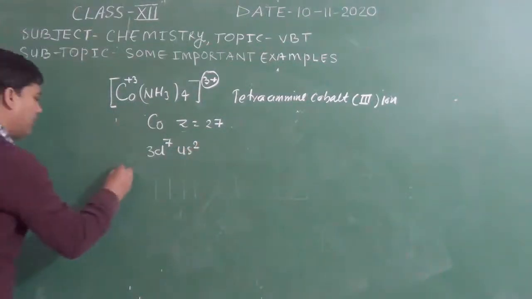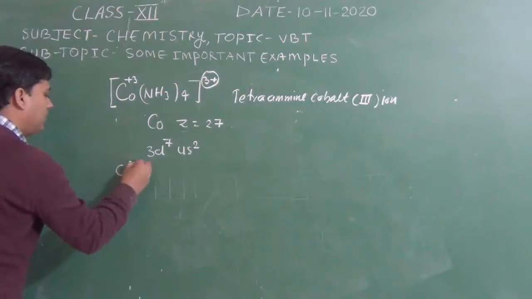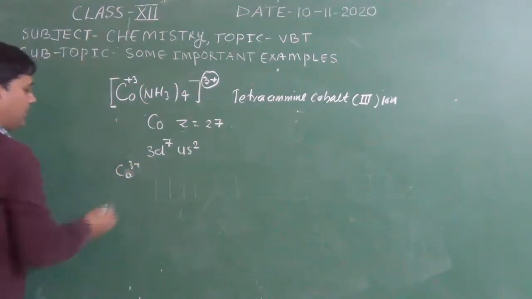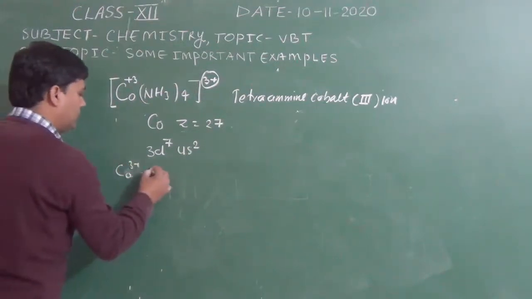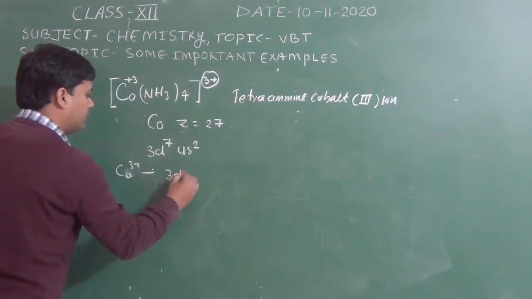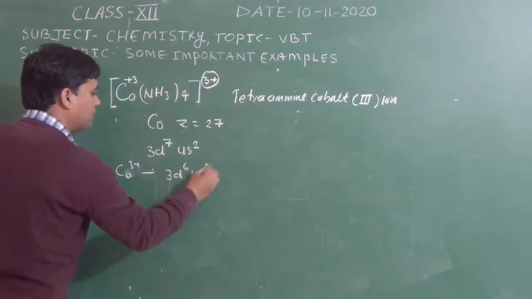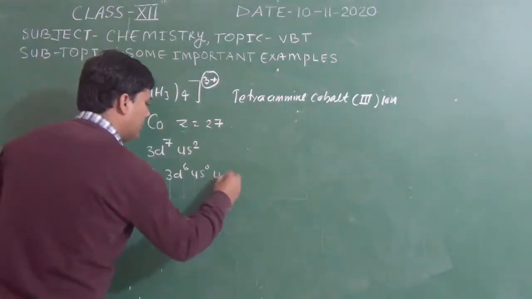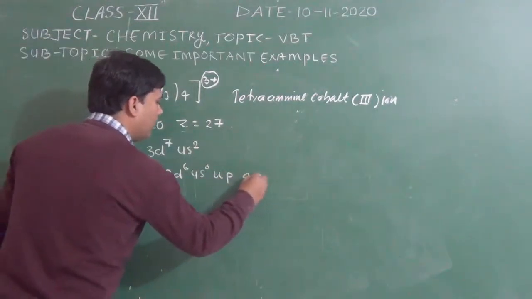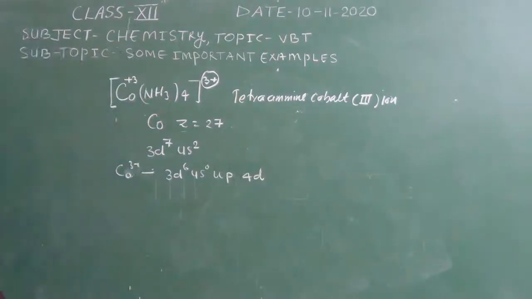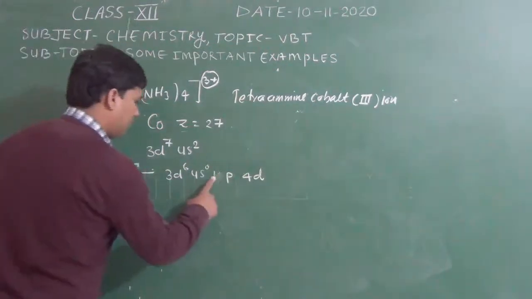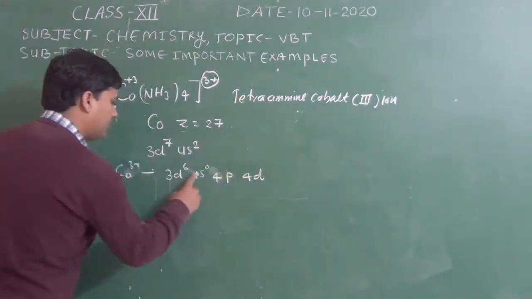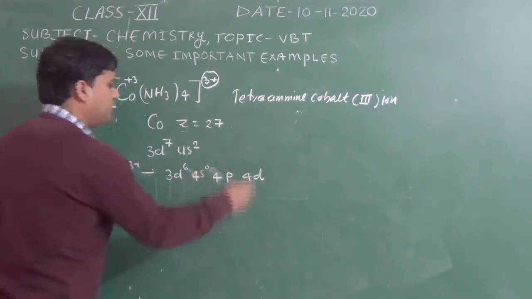In case of cobalt 3 plus, the configuration is 3d6, 4s0, and this is 4p and this is 4d. Okay, so this is 4p, this is 4s, and this is 4d.